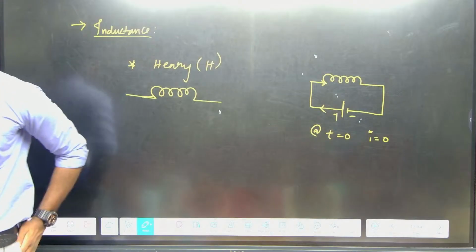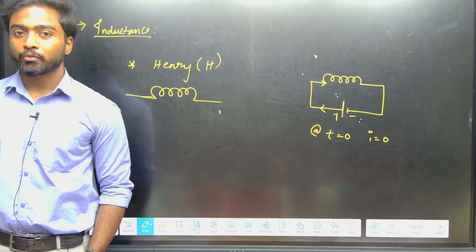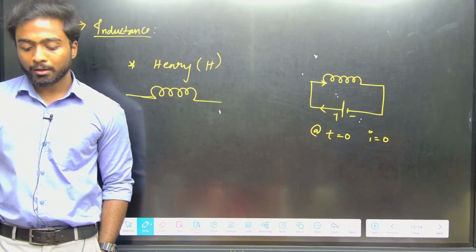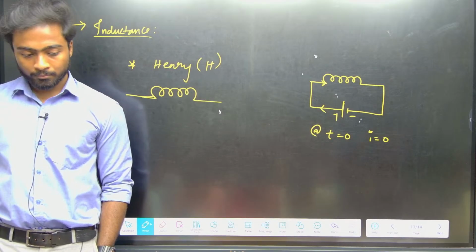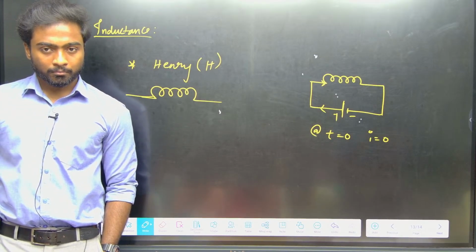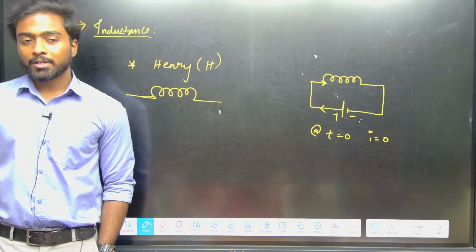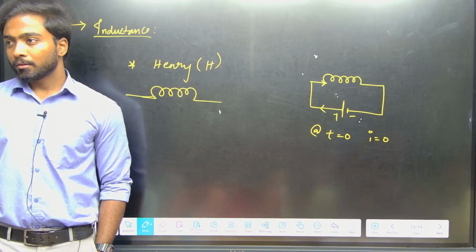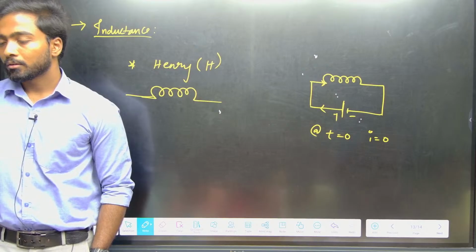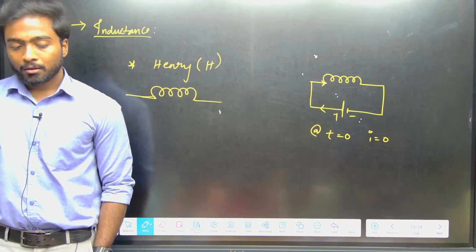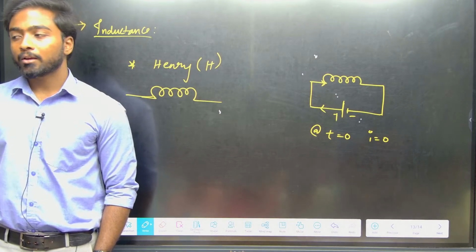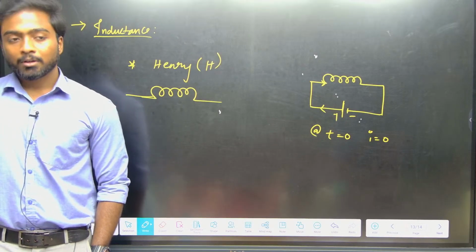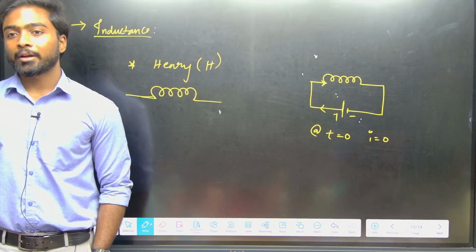Write down: at t equals 0, I will be equal to 0. The next point, when we switch on the circuit, I goes to maximum, which means the flux also goes to maximum, right?